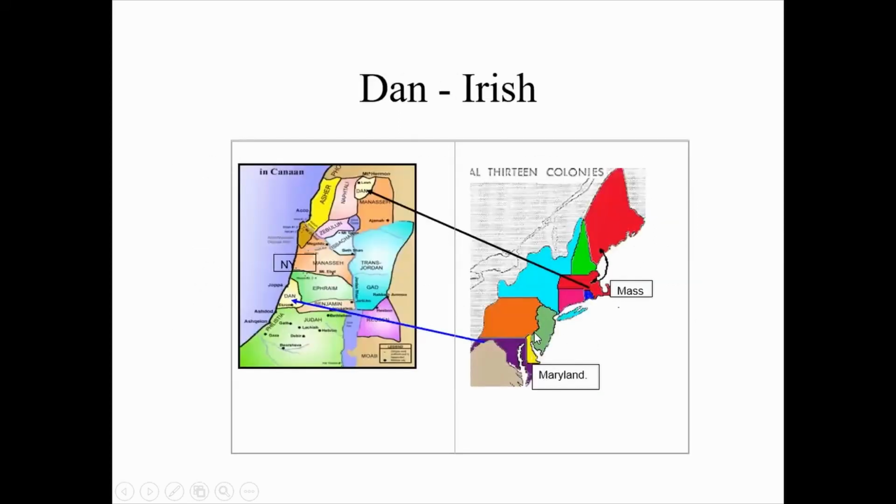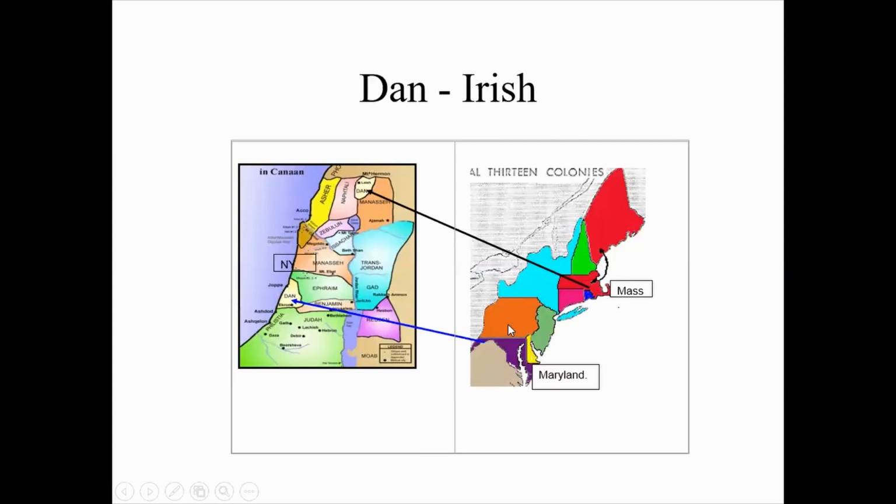Now, Dan, how interesting, Dan is right up here at the top. It's in the top part of all of these colonies. And it would actually be the Irish people. They would come from Ireland, and they would settle in that area that we call Massachusetts. This is where the Irish people came in. They came in and settled in the area around Boston, if you'll remember the history.